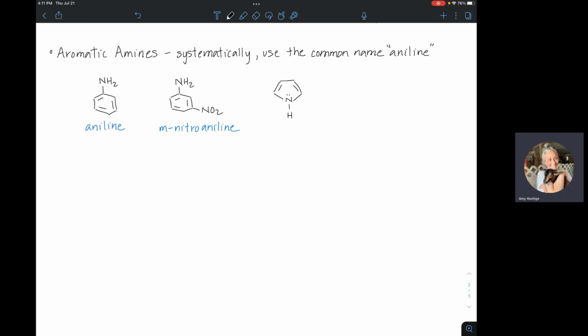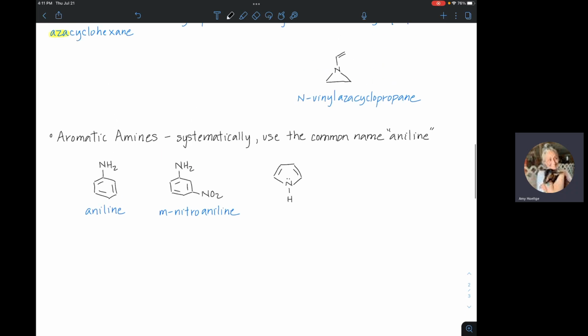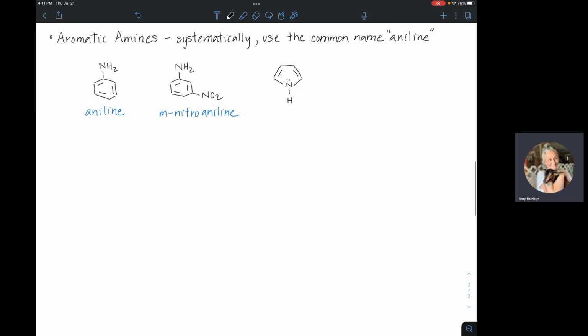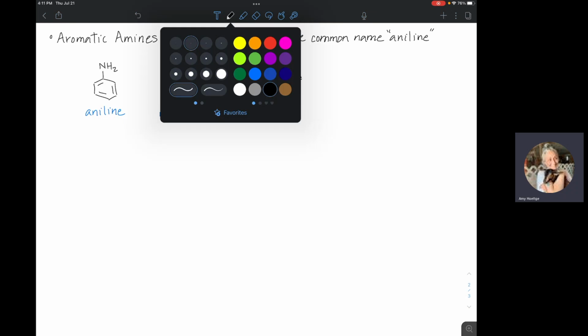So now, instead of azacyclopentane, or instead of pyrrolidine or piperidine, we could do the 6-membered ring as well. I have pyrrole. So instead of pyrrolidine, I have pyrrole.